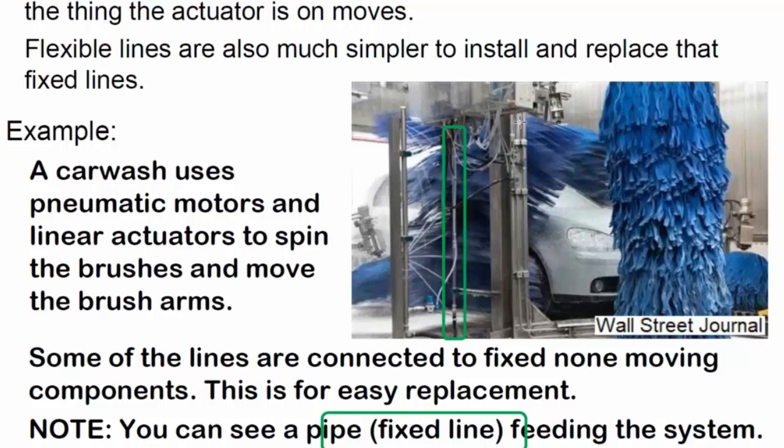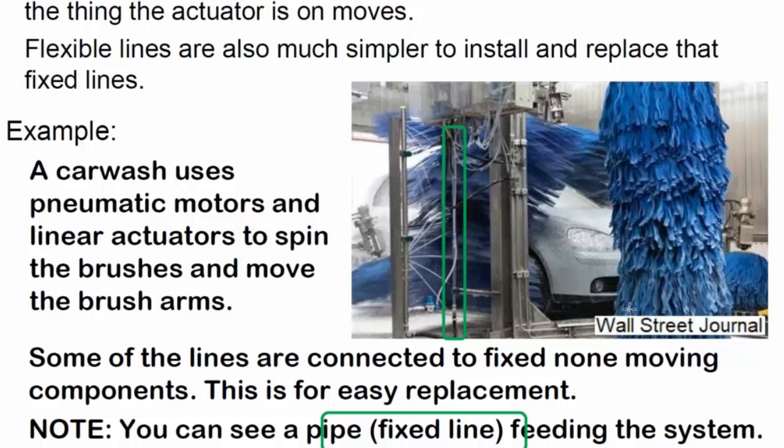And the reason is because when you actually install an actuator, either a rotary motor or an actuator, there are some actuators down here. Now, these actuators, as you can see, have solid lines going down to them. Those actuators there probably have a flexible line coming off of this solid line going to the actuator.